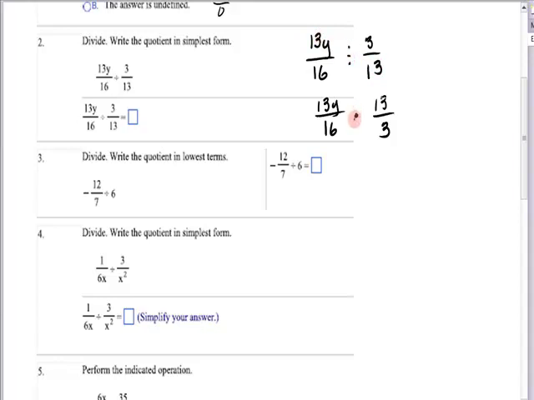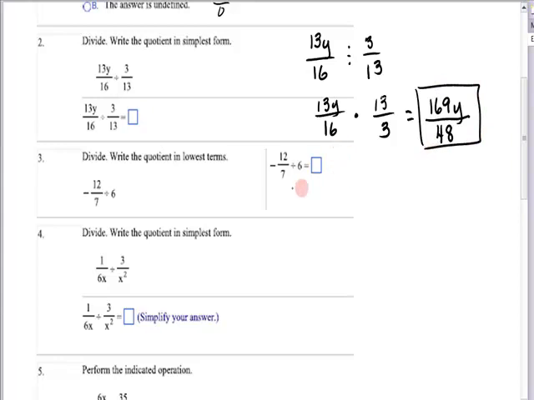You have to wait till it's multiplication. 13 and 16, no. 13 and 3, no. There's nothing I can divide out, so I multiply. 13 times 13, might get a calculator, it's 169. There's still a y. 3 times 16, 48. It's in lowest terms, done.